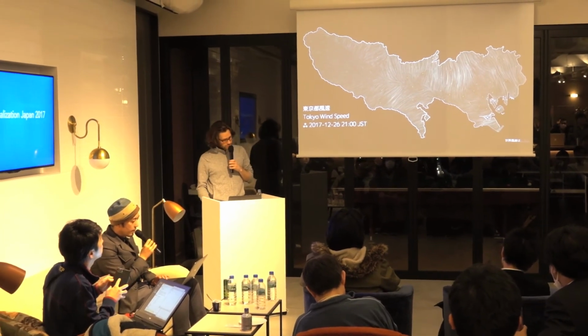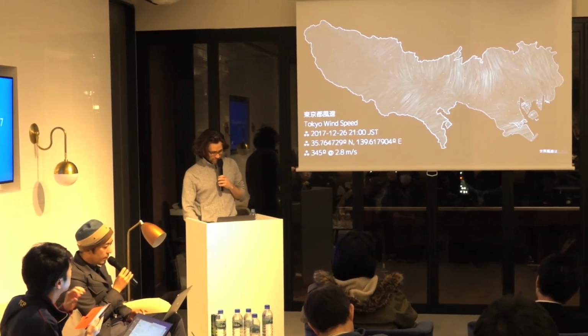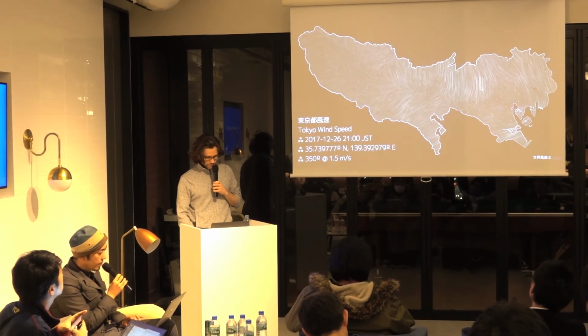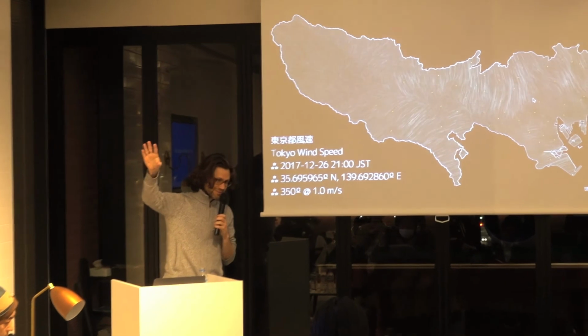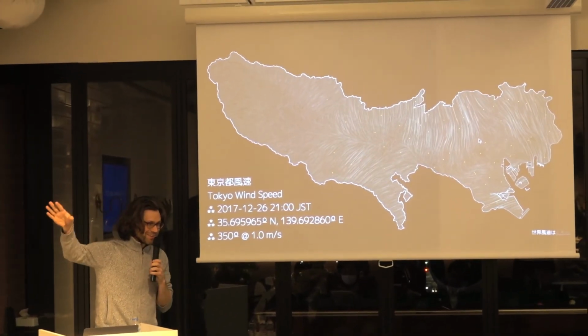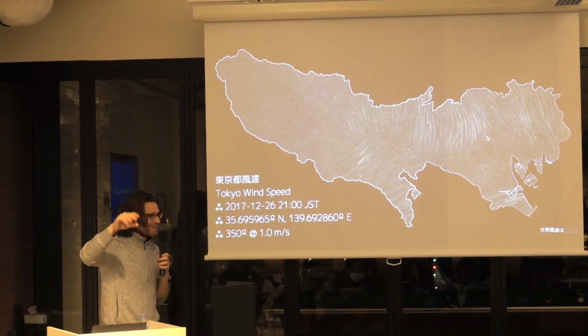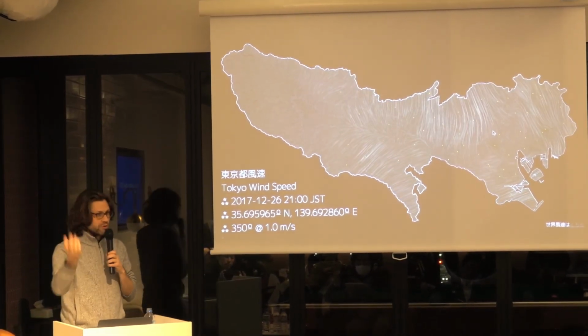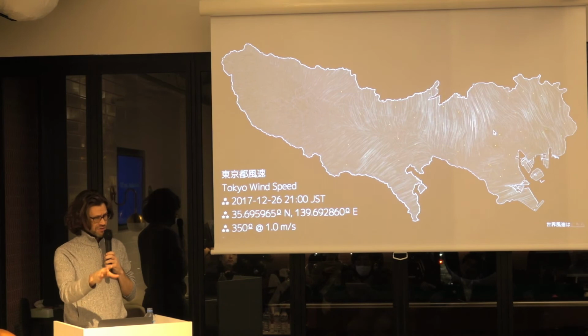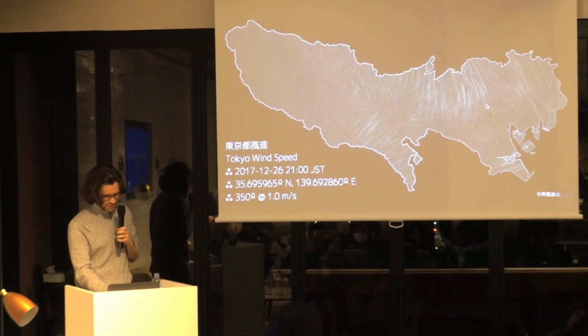This is the prototype. But you can't do anything with it. People saw this and said, I live in Saitama. I live in Okinawa. How can I see the weather? So I made the globe. But five months.